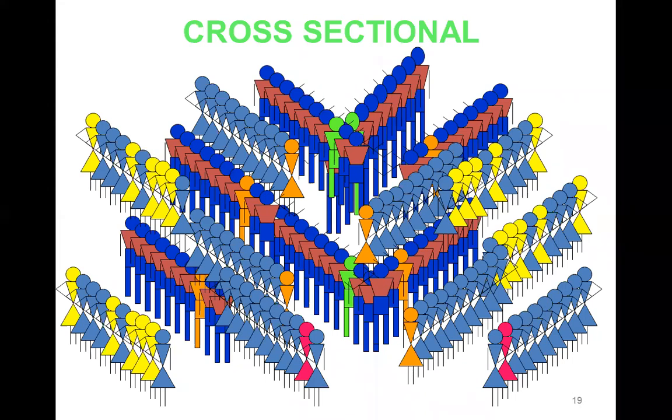So you could do a cross-sectional study of everybody on that ship. You will pick up, let's say, the blue people who were exposed to the coronavirus, and if yellow people were not exposed, they stayed in their cabin the whole time or something like that. That's a cross-sectional study.